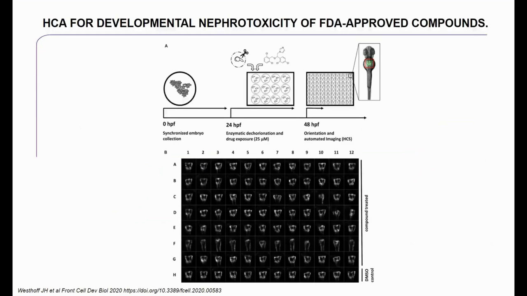Okay, we're back to nephrotoxicity again with this platform that was generated by Joachim Gehrig at the University of Heidelberg in Germany. When you're looking at assays, especially high throughput assays, there's always a trade-off between the practicality and the suitability for high throughput applications and physiological relevance.